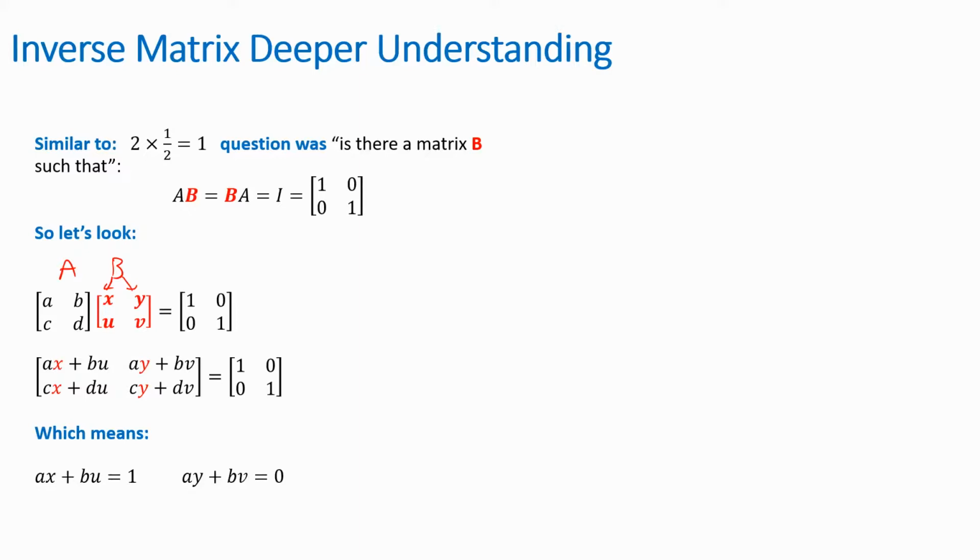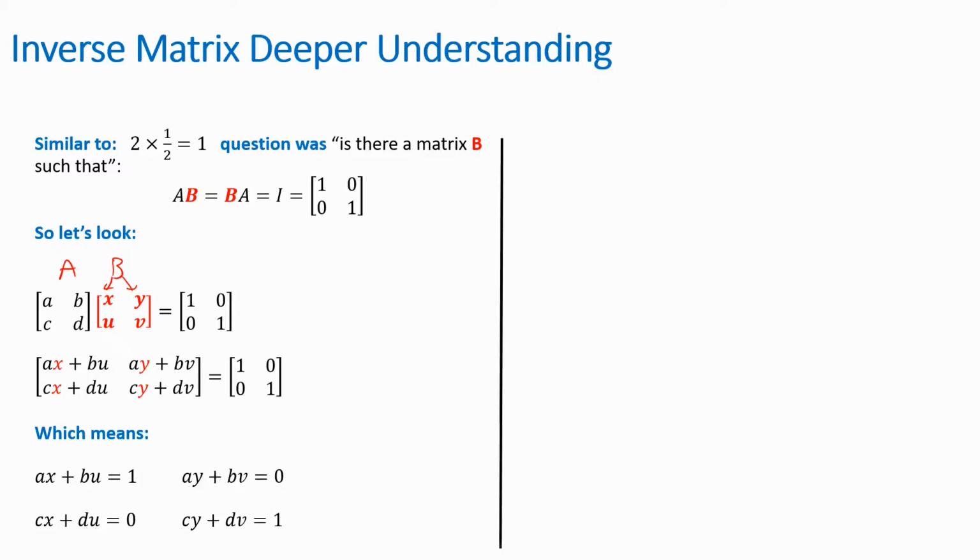AY plus BV has to equal 0. If I continue on, let's see what I have. I've got 4 different equations. And what was I trying to find? X, Y, U, V, 4 unknowns. And the one thing we know back in Year 9 is if you have 4 unknowns and 4 equations, it is possible to solve. Okay, so here we go.